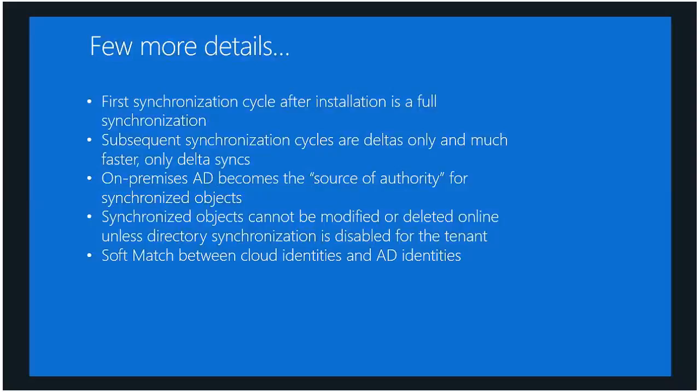Also, another use case, which may be useful to use soft match, is when you perform a cutover Exchange migration. Because when you do a cutover Exchange migration, the migration engine would create users and then copy the content of the mailboxes.